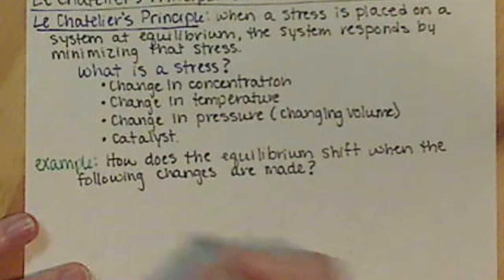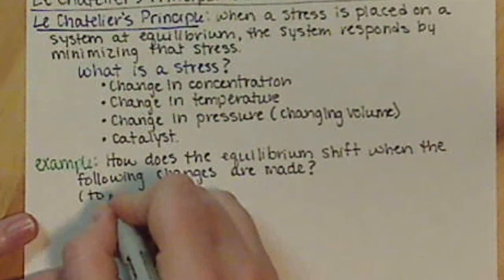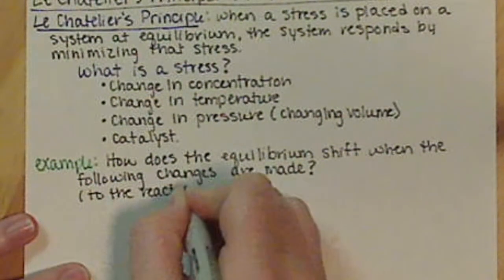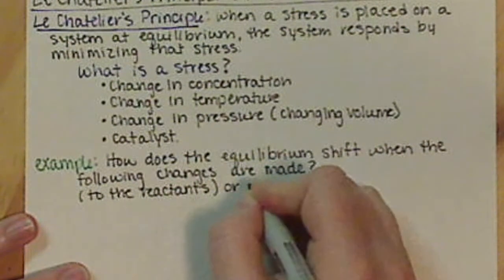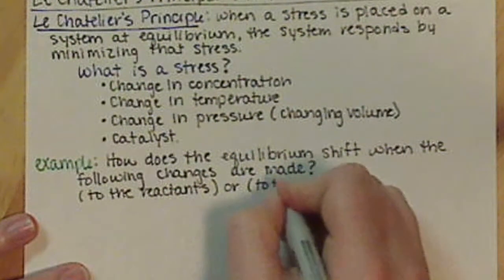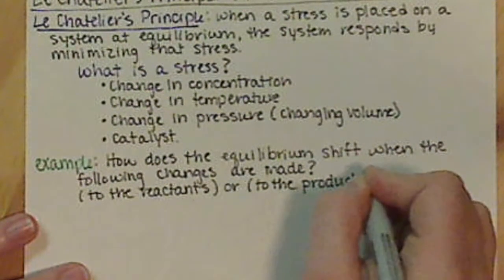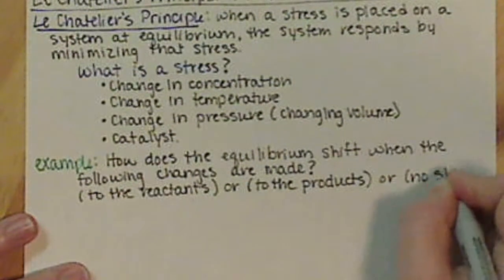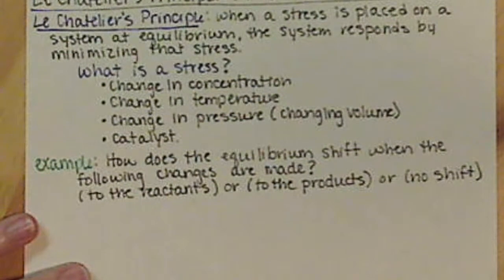Basically what we're going to be looking at is we're either going to be shifting to the reactants, or to the left, or we're going to shift to the products, or to the right, or we're going to have no shift. And those are our 3 options.